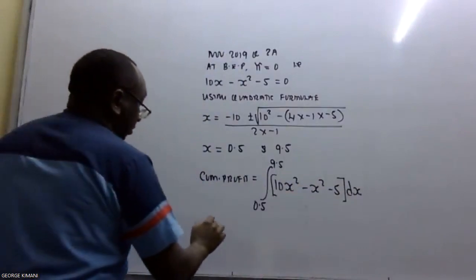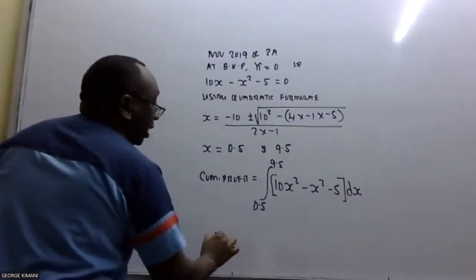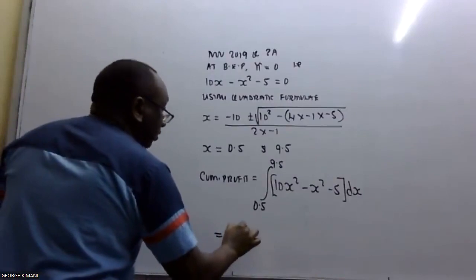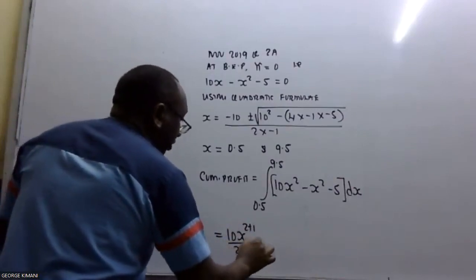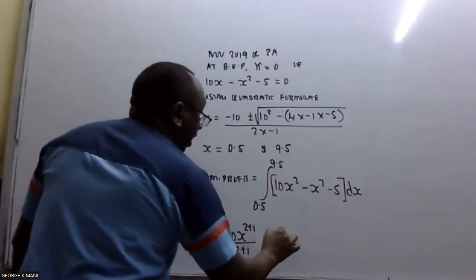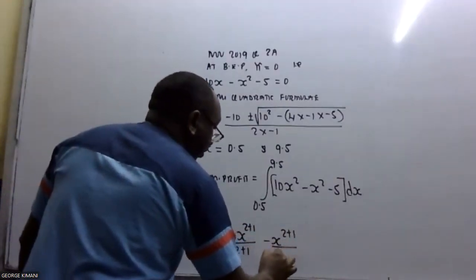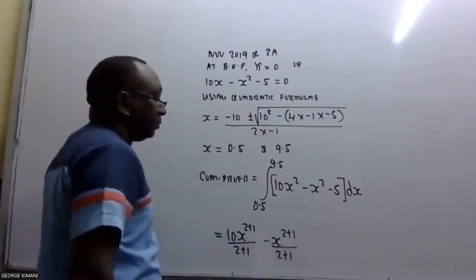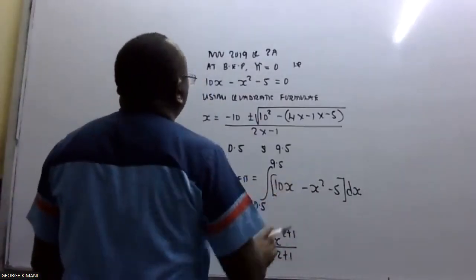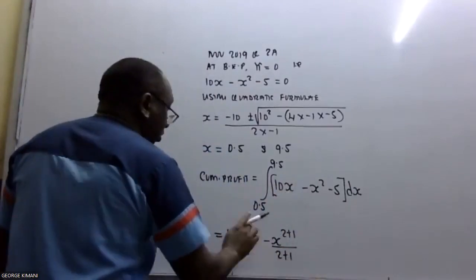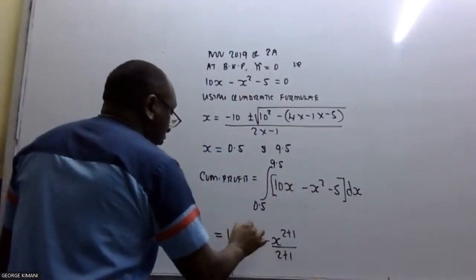So this becomes 10x to the power 1 plus 1 out of 1 plus 1, minus x squared, plus 1 out of 2 plus 1. 10 is not squared, thank you.